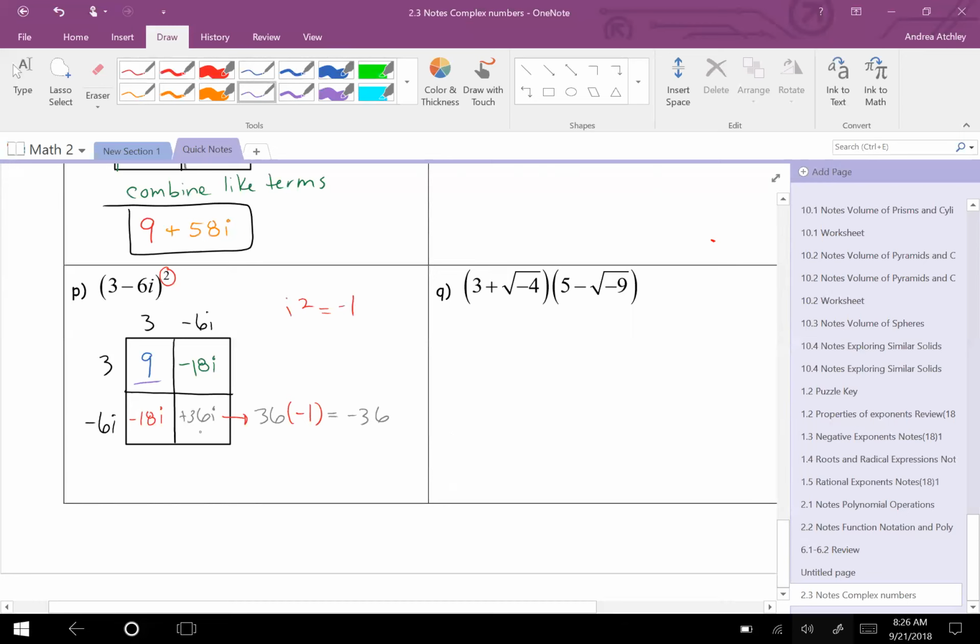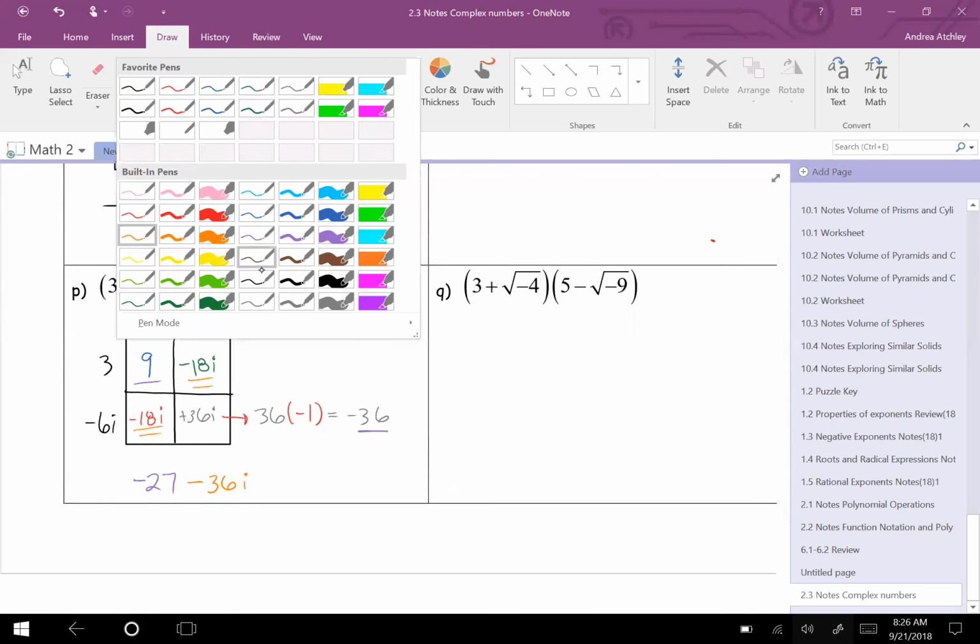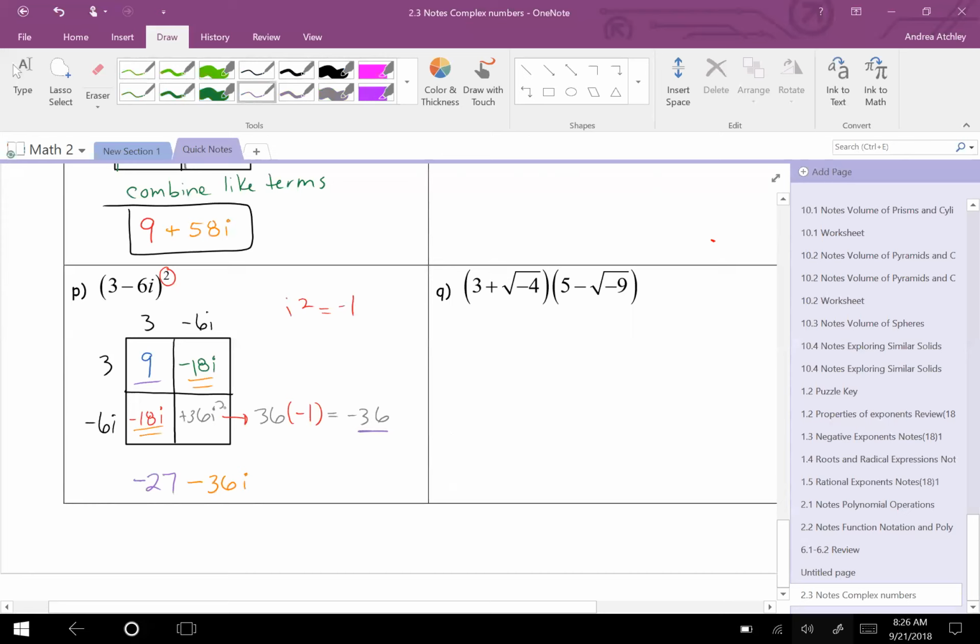So I'm going to have my 9 and my negative 36 as negative 27. Is that right? Okay. And then I have negative 18 and negative 18. I'm sorry? Oh, I didn't. Thank you. This is I squared here.